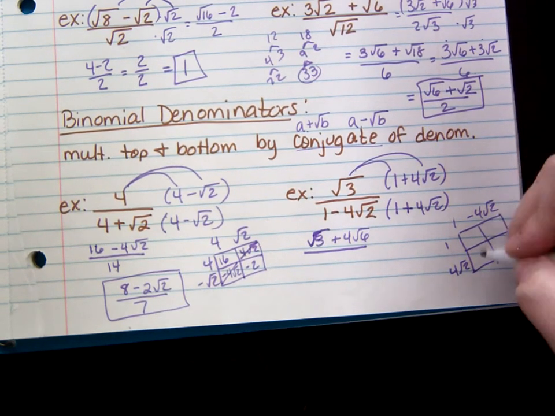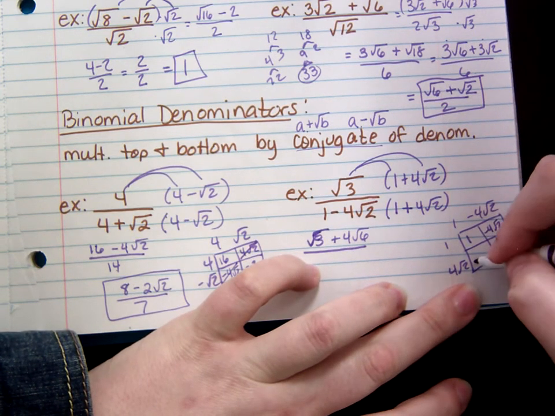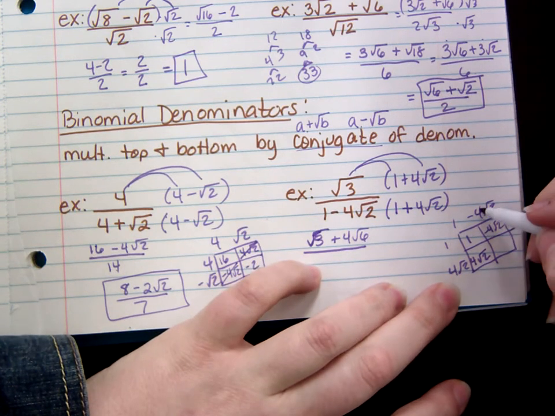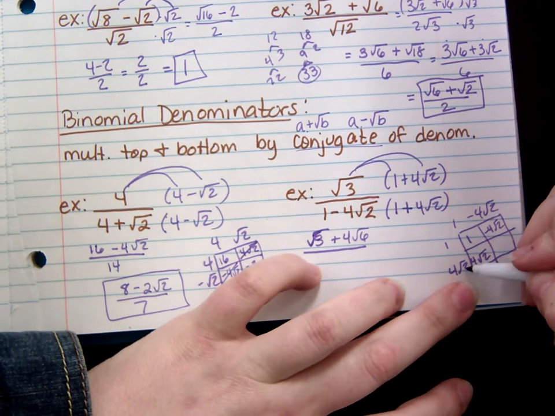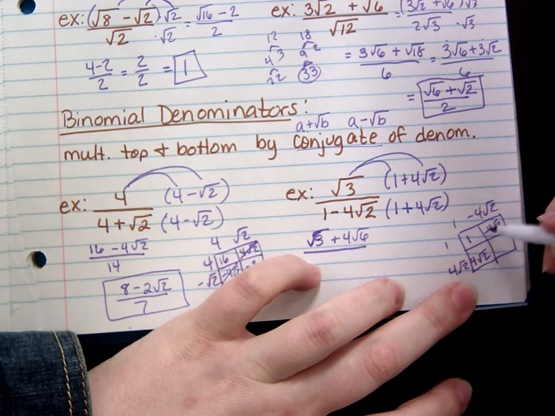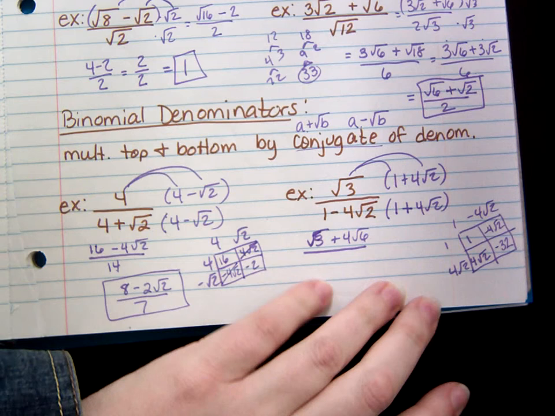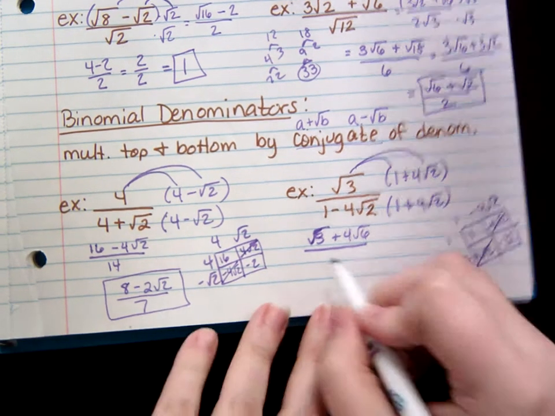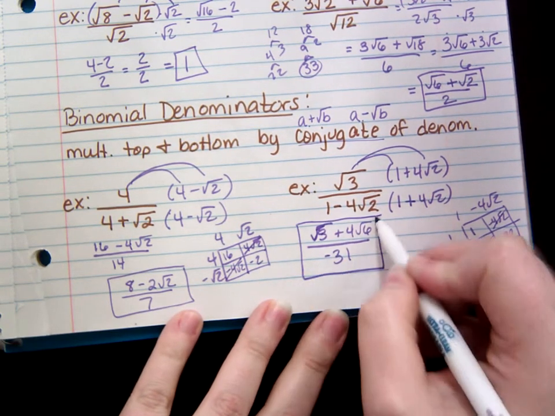We'll get 1 minus 4 square root of 2 plus 4 square root of 2, and then here negative 4 and positive 4 multiplied to be negative 16. But I also have the square root of 2 times square root of 2, which is 2. So altogether, I get negative 32 when I multiply it together. These cancel out, so I add these together to get negative 31, and I cannot simplify that. So that's my final answer.